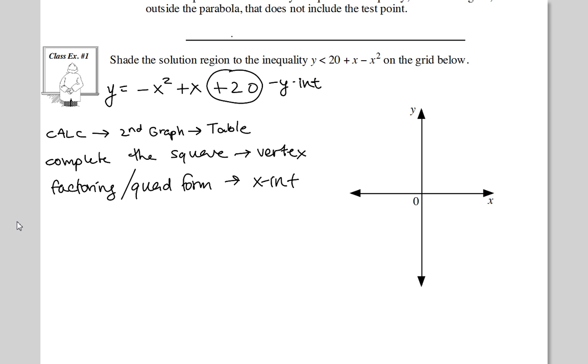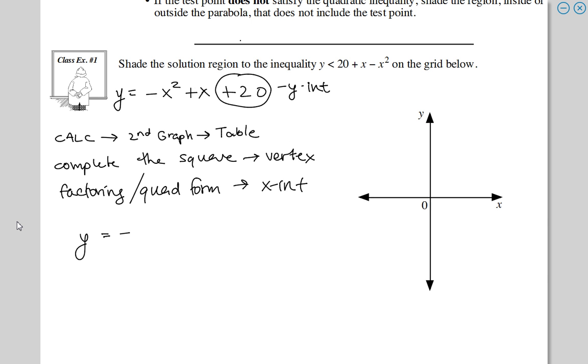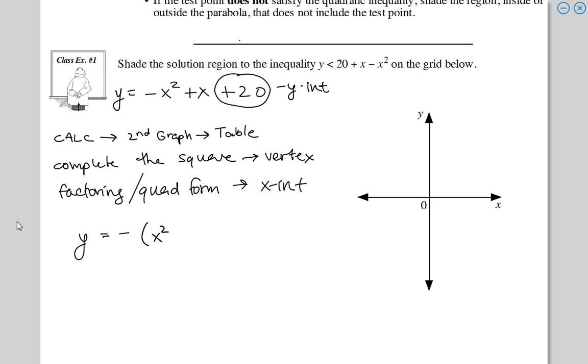All right, so I'm going to try and factor it. I'm going to take out the negative because I don't like the lead coefficient being negative. So negative is factored out. That positive x becomes a negative x, and that positive 20 becomes a negative 20. And now I'm thinking that I could use 4 and 5 here. Minus 5 and a plus 4.